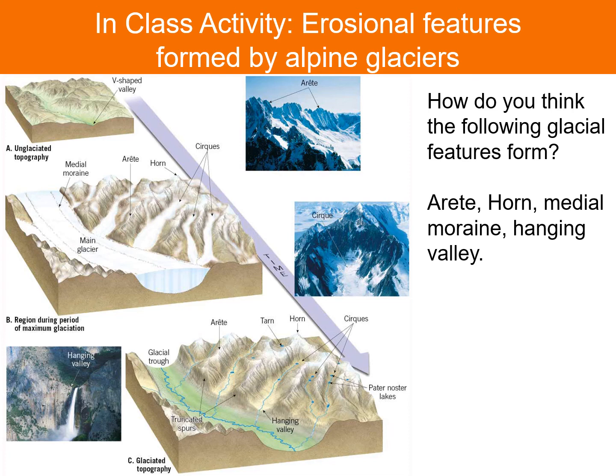In this figure that I presented here, you can see a picture of an arête, a horn, a medial moraine, and a hanging valley. I'll give you a minute to think about how these features might be formed, and then I'll go through all of these glacial features one by one and explain to you how erosion forms these features.